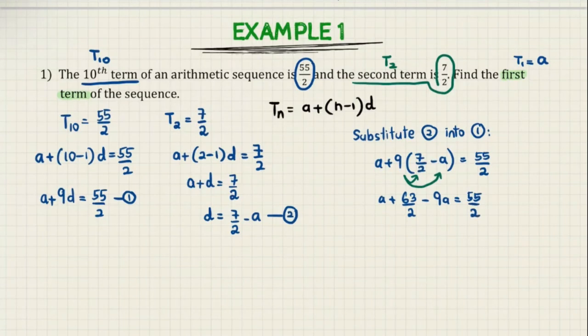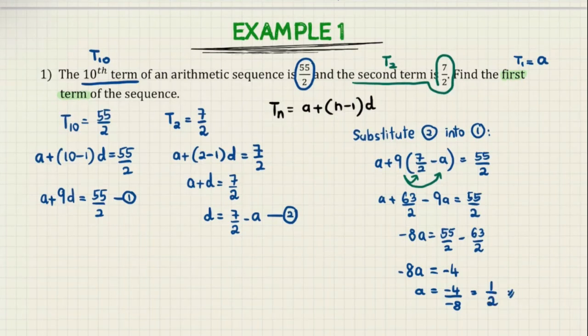Kemudian A tolak 9 dapat negatif 8A sama dengan 55/2 tolakkan dengan 63/2. So 55/2 tolakkan dengan 63/2 kita dapat negatif 4. Okay, so pindahkan negatif 8, so negatif 4 divided by negatif 8. So A here will be equals to 1 over 2. So settled.